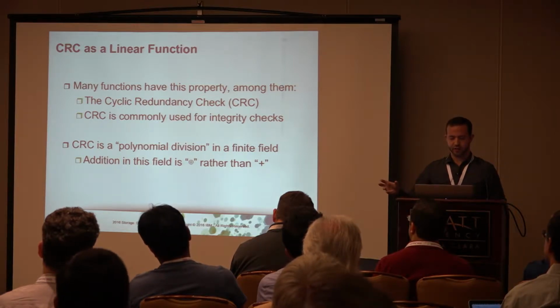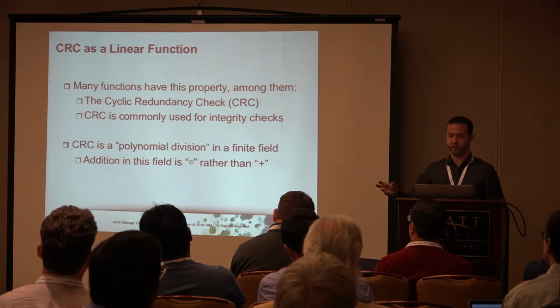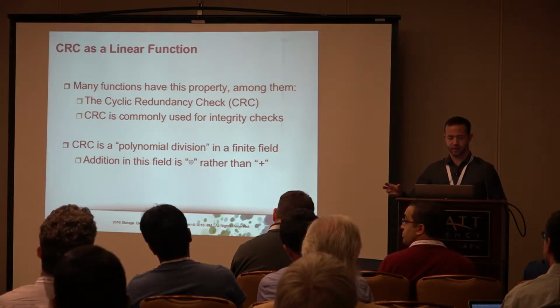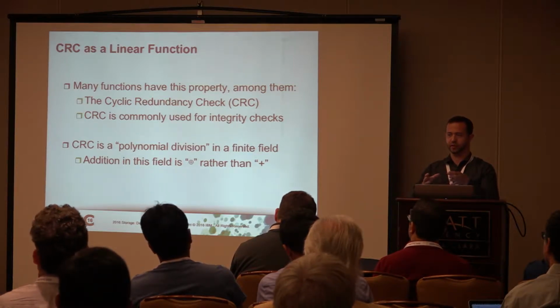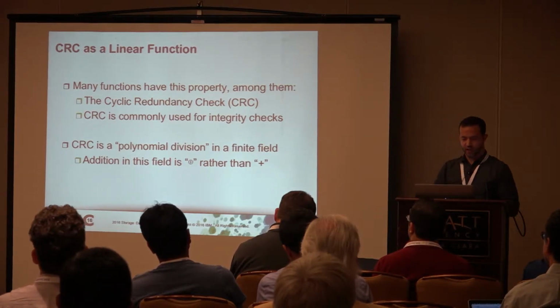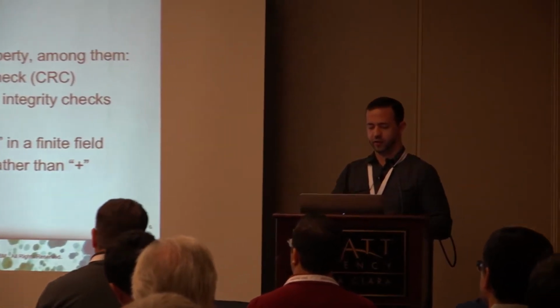CRC is implemented as a polynomial division in a finite field. The details of what that means aren't really important, but you can think of it as basically an addition operation. What's important is that within this finite field, addition is defined a little differently from our common sense notion of addition. It's instead defined by the XOR operation.